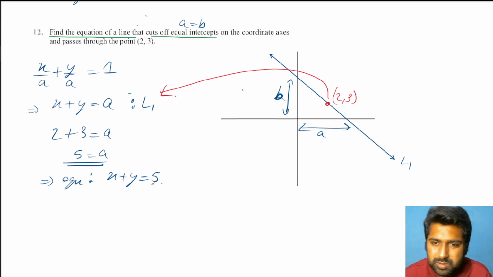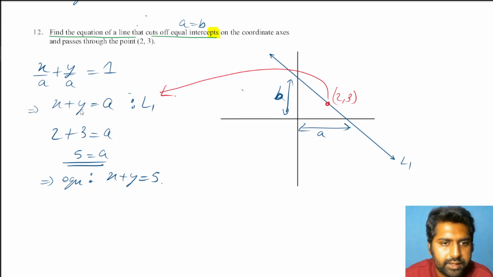Okay, I'll repeat once more quickly. We use the format x upon A plus y upon B because he is saying equal intercepts. Not just intercept, intercepts, plural. That means A and B are equal. So the format is x upon A plus y upon B. I've replaced with A is equal to 1.